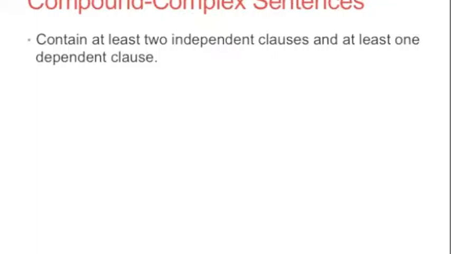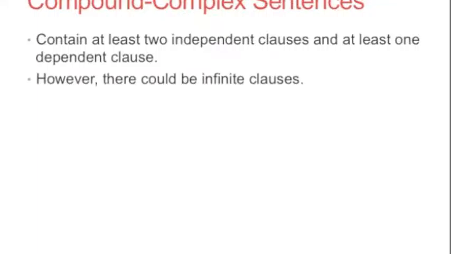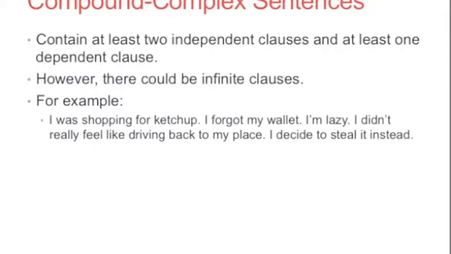This is the English language, after all. You can go on and on and on into infinity. I don't recommend that because that's not writing with your reader in mind. But you could, and I'll give you an example of how you can write more than 3 clauses.